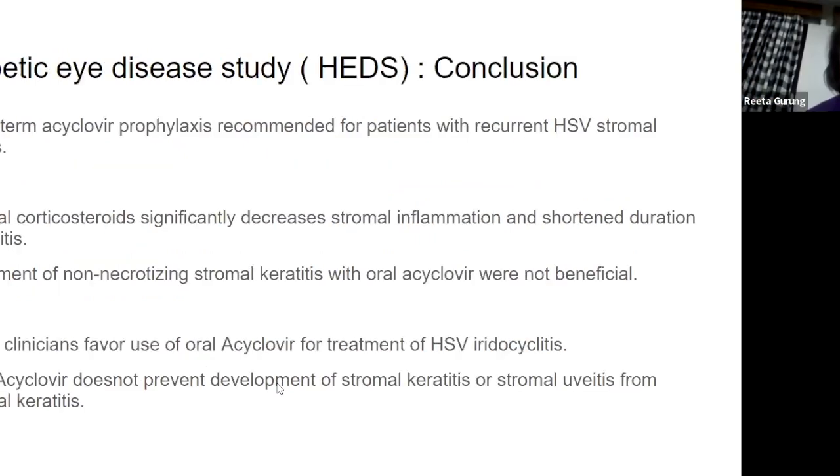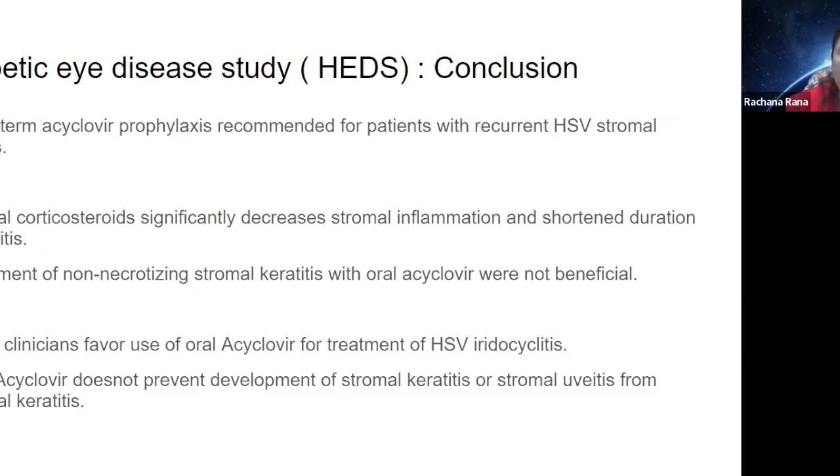There is the Herpetic Eye Disease Study. The conclusions of the study focused on long-term acyclovir prophylaxis being recommended for patients with recurrent herpes simplex virus keratitis. Topical corticosteroids significantly decrease stromal inflammation and shorten the duration of the keratitis.